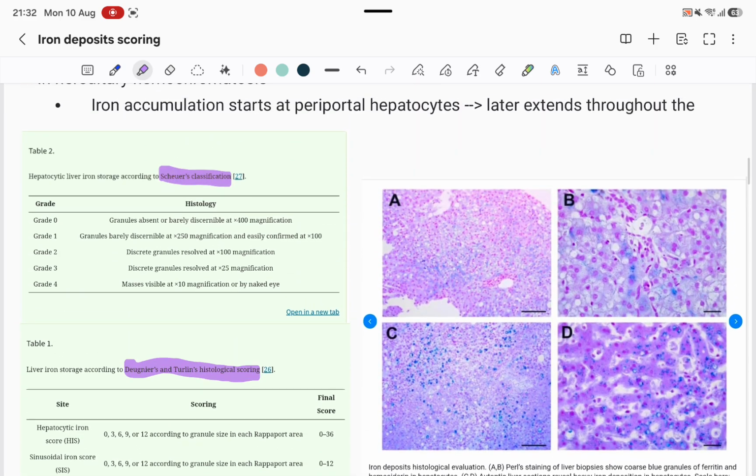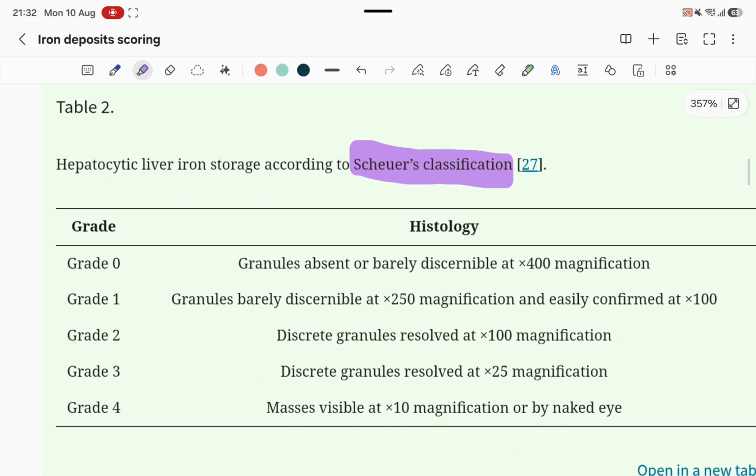So the scoring system: grade 0, absent. You cannot see anything at the greatest magnification, so it's absent. Grade 1, granules barely there, seen at 250 magnification.